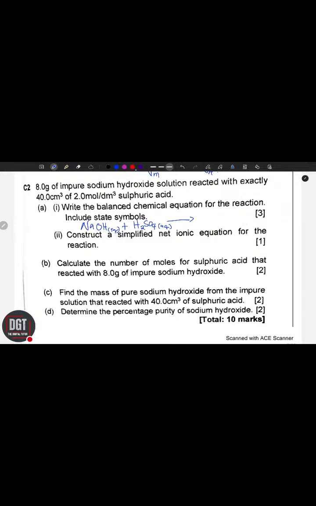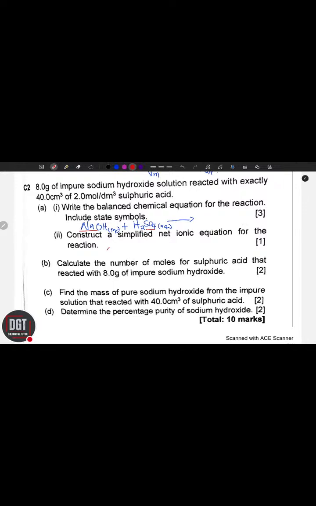And you know that a salt is the compound that is formed when the positive ion from the base reacts with a negative ion from the acid. So here the positive ion is sodium and the negative ion is sulfate. Hydrogen is displaced and water is formed.